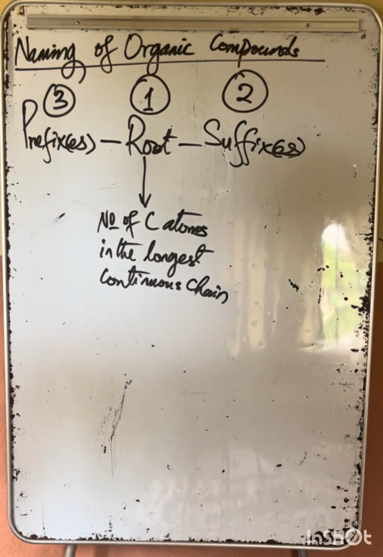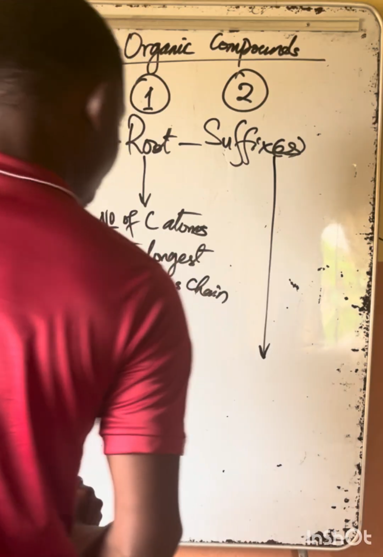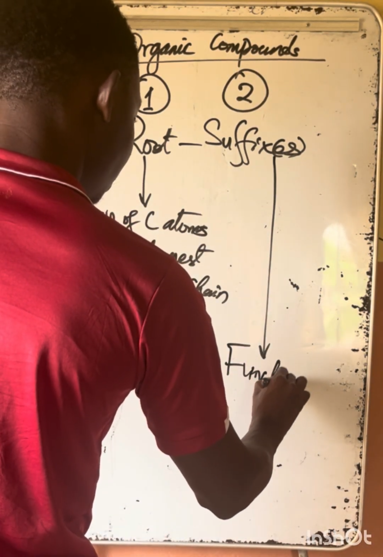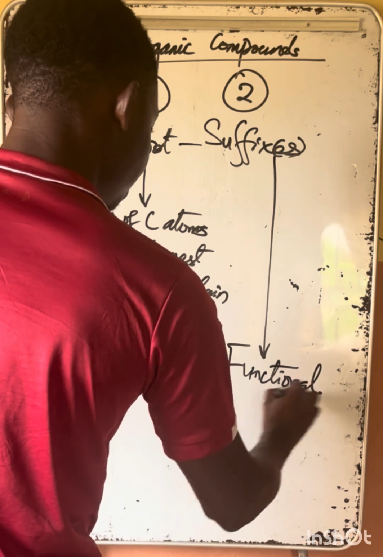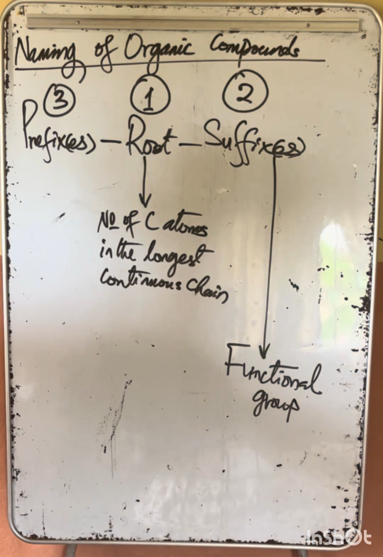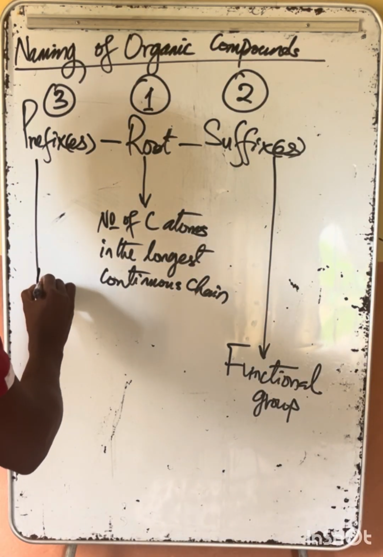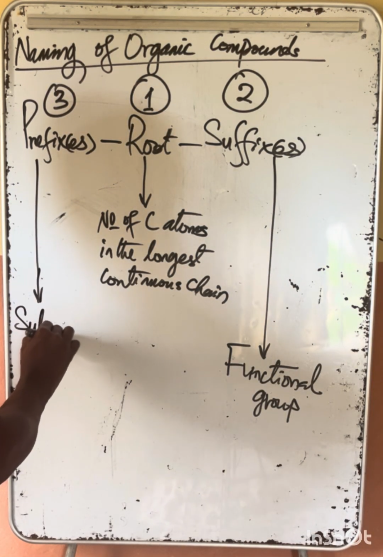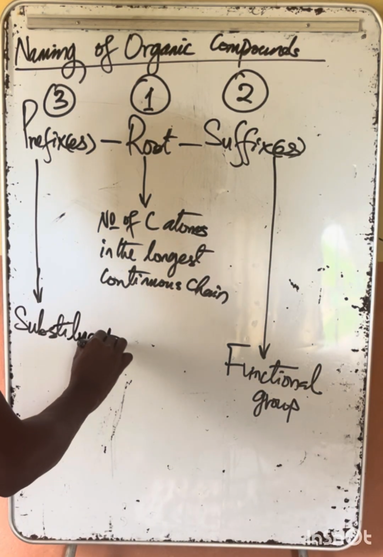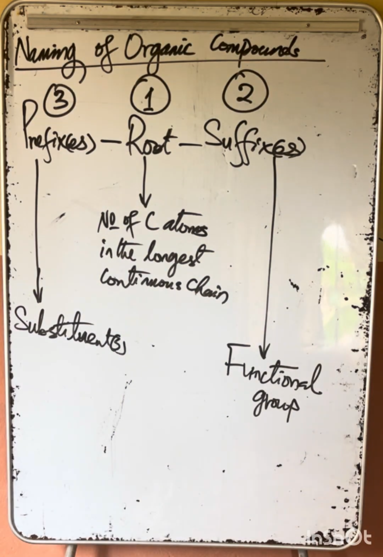Number two, the suffix is obtained from the functional group. While number three, the prefix, is obtained from the substituents, or substituent groups. Some people call it substituent groups. It's still the same thing.